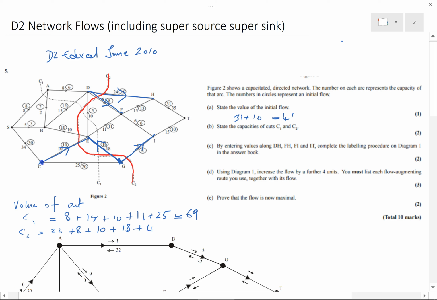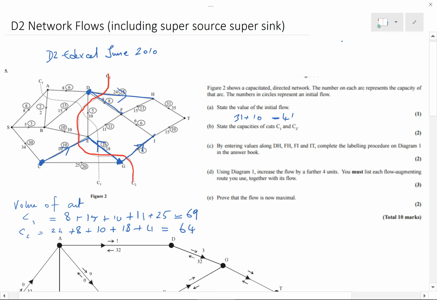So when I look at it, I should make sure that before the arrow, all of my ones are on the source side, which they are. If I were to include this one or this one here, I can see it would be the other way around. So I have found all my numbers. So that's 32, 42, 64 is the value of that cut.